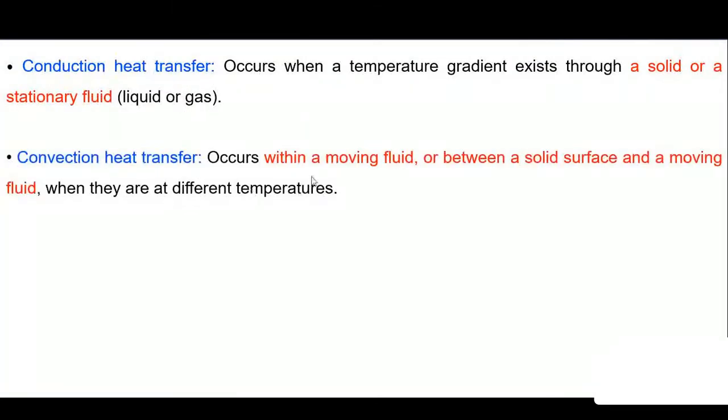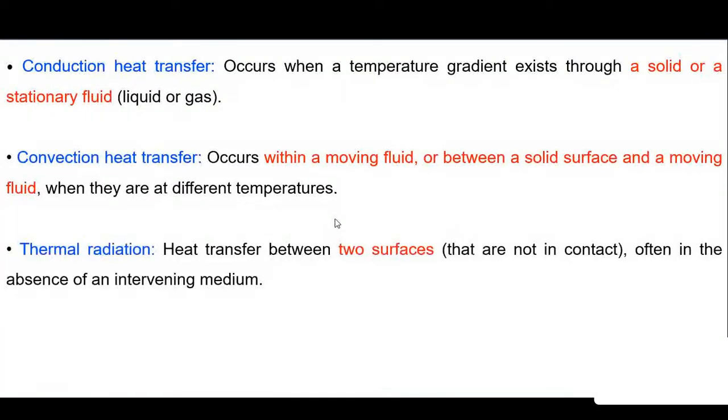Then convection heat transfer occurs within a moving fluid. You might have noticed the difference: conduction occurs through a stationary fluid, convection occurs within a moving fluid, or between a solid surface and a moving fluid, of course when there is a temperature difference. And radiation can occur anywhere because radiation is emitted by surfaces at all temperatures except 0 Kelvin.